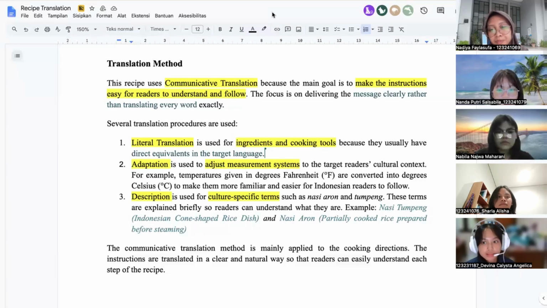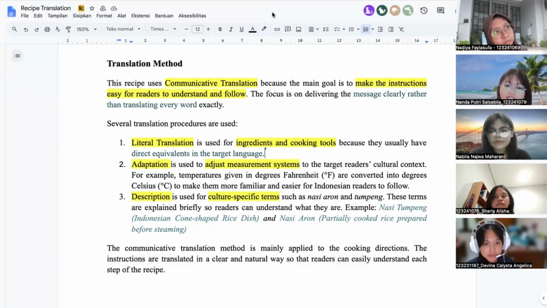This makes the translated version clear and more natural, so readers can easily understand each step of the recipe. But we also use several other translation methods, which is literal translation, used for ingredients and cooking tools because they usually have direct equivalents in the target language.